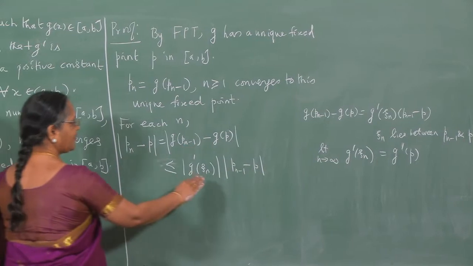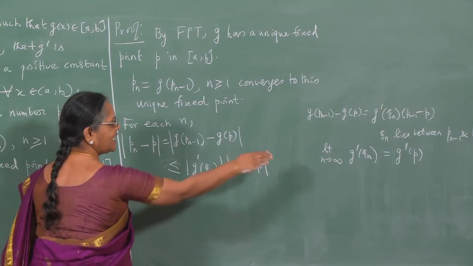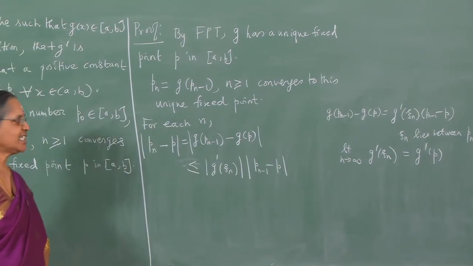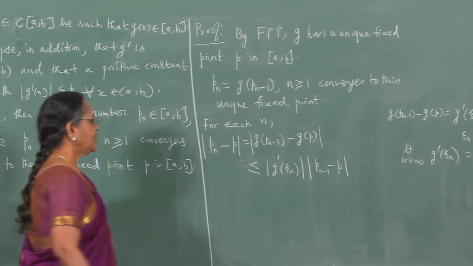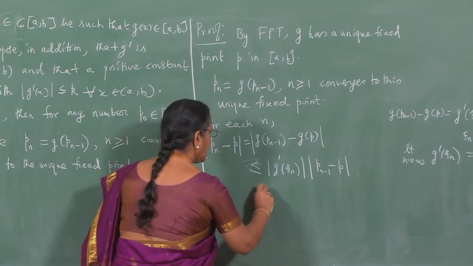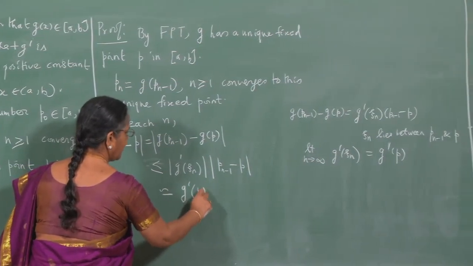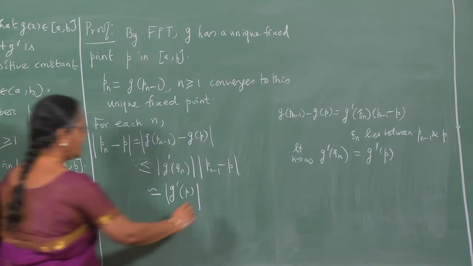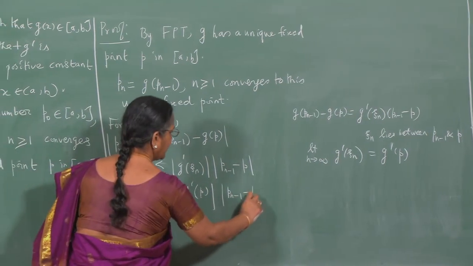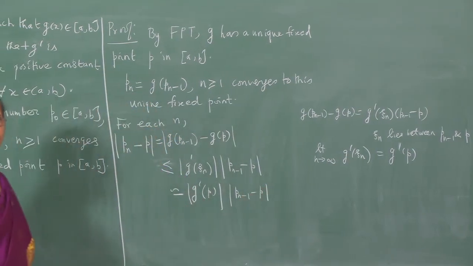So, in the limit we know that g'(ψn) converges to g'(P). So, this is approximately |g'(P)| multiplied by |Pn-1 - P|.